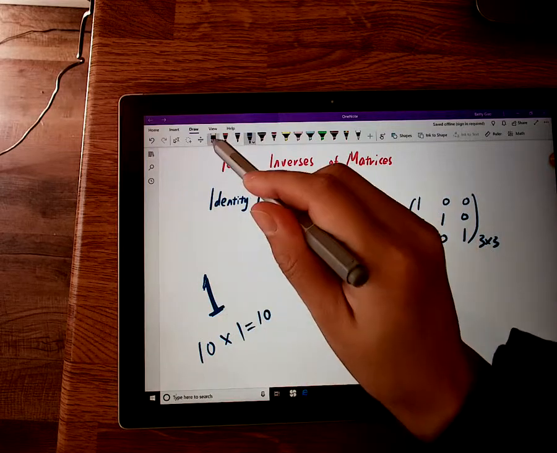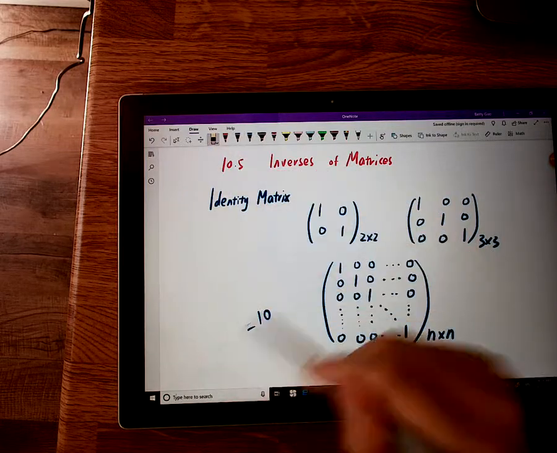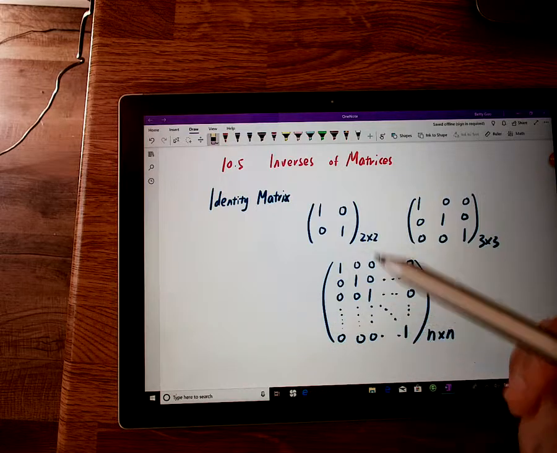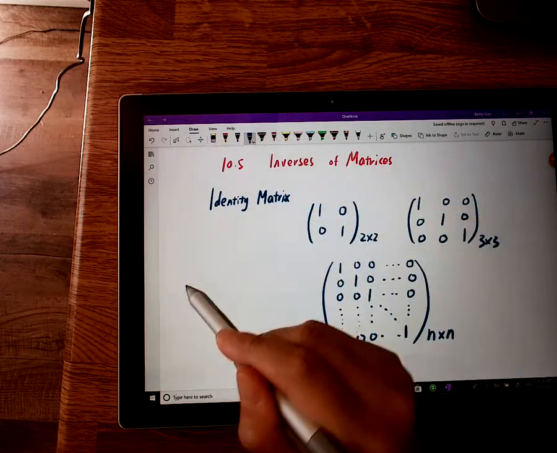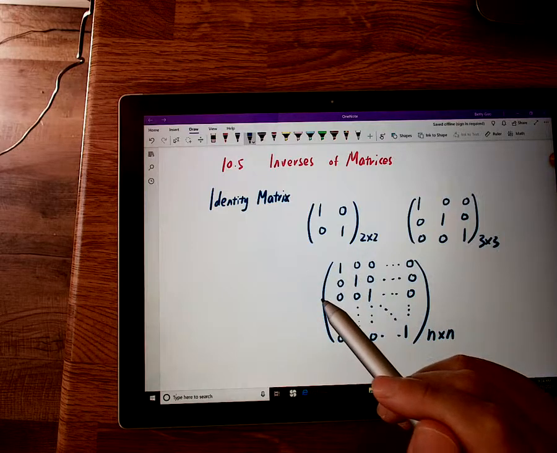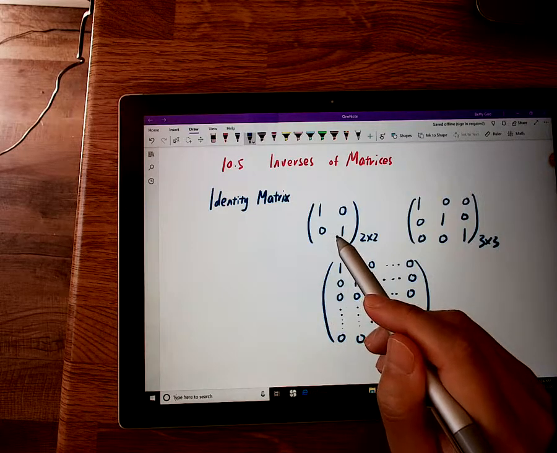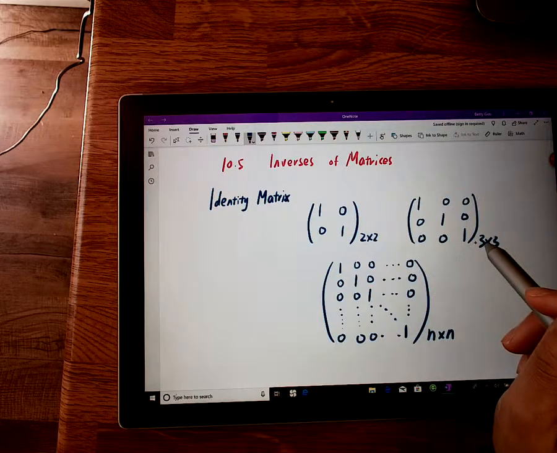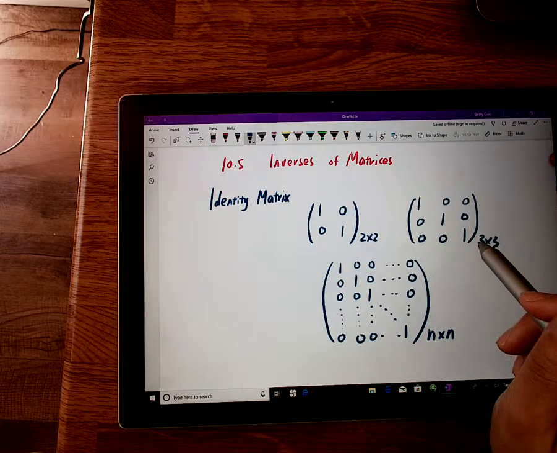Same idea here. The identity matrix doesn't contribute in multiplication of a matrix either. For example, we take a 2 by 2 because 2 by 2 has a lower order. You can get the same result for a higher order matrix.